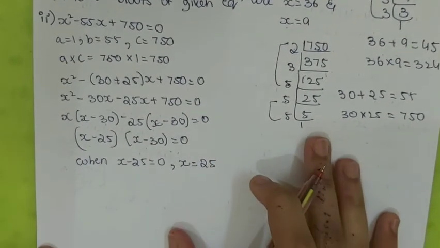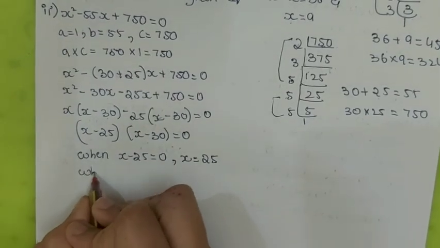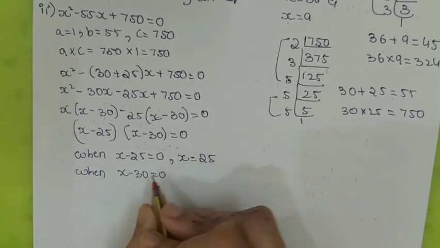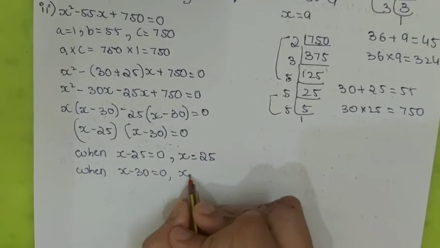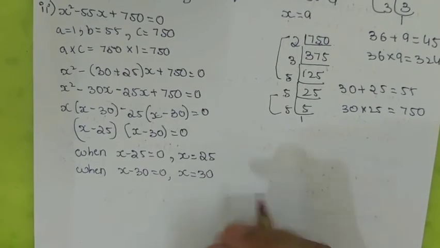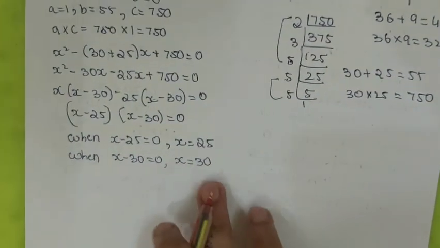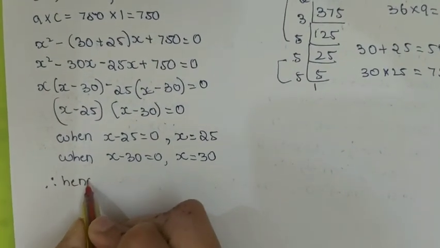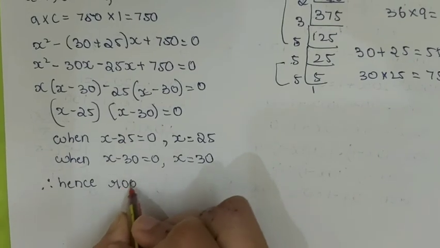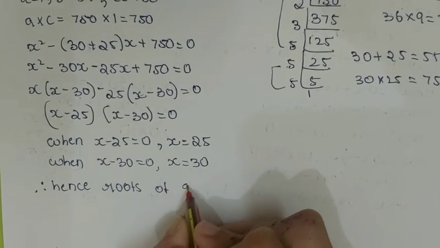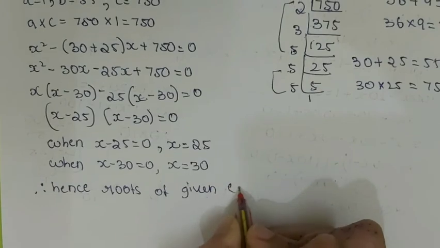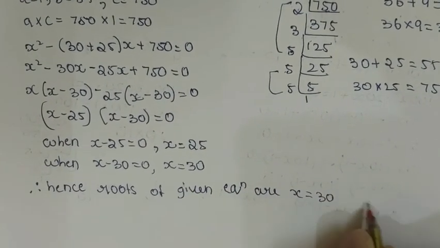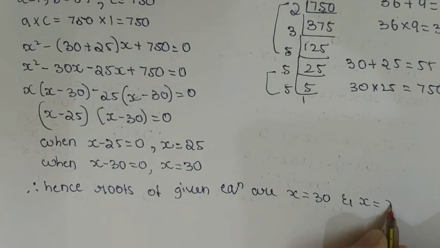And when x minus 30 is equal to 0, minus 30 on the other side becomes plus 30. So we got the two roots, that is 25 and 30. We can conclude that the roots of the given equation are x is equal to 30 and x is equal to 25.